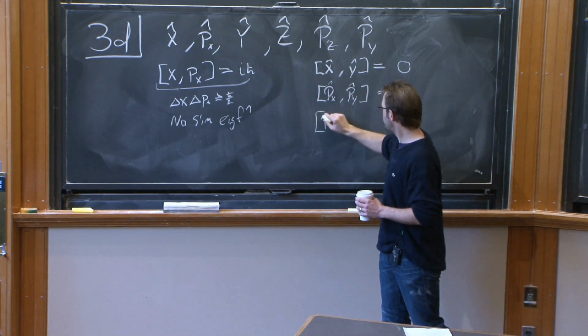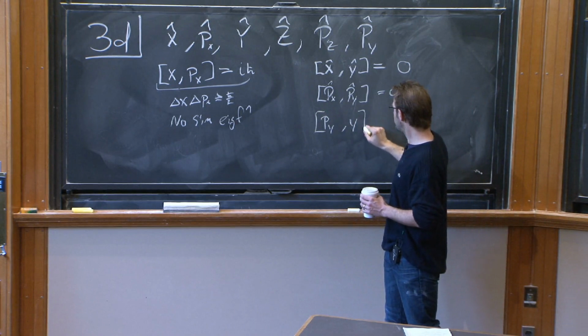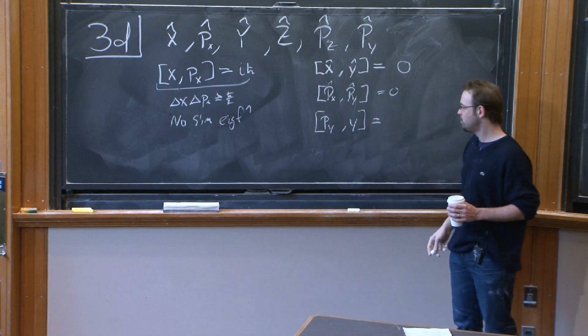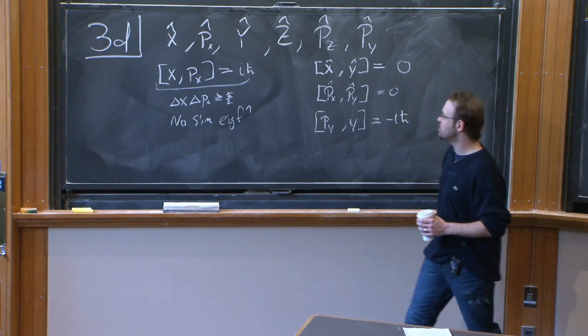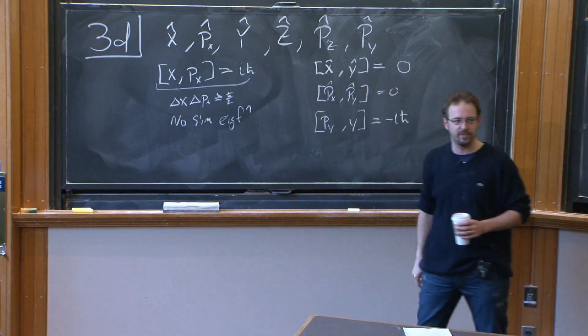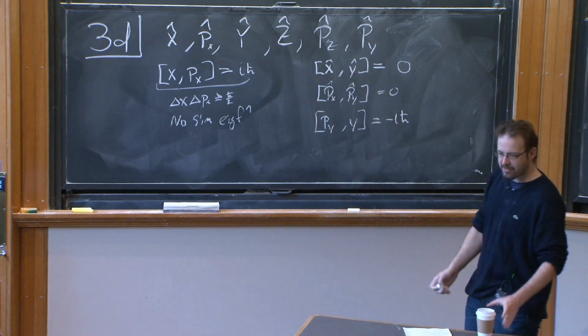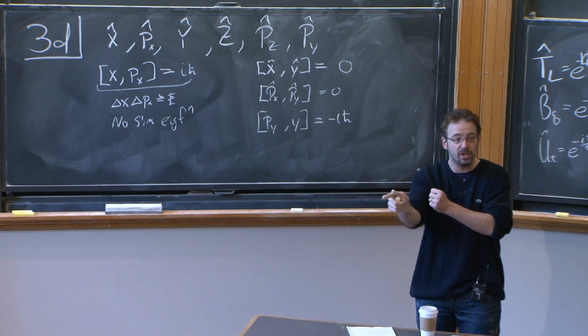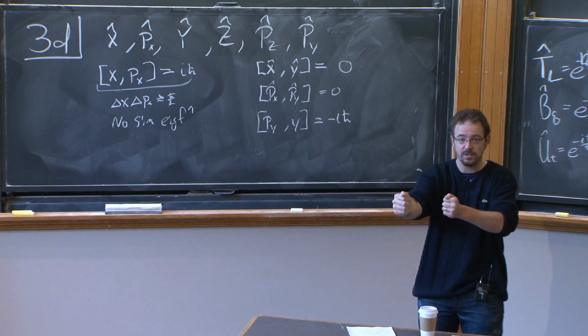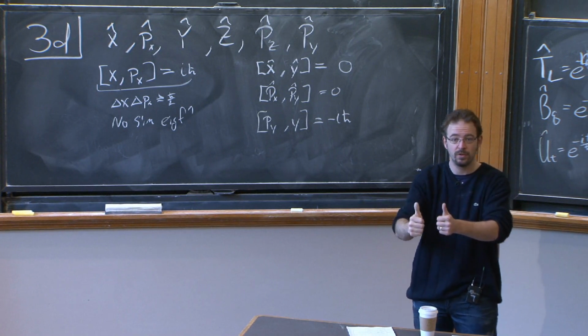However, py and y should be equal to minus i h bar. Good, exactly. So the commutators work out exactly as you'd naively expect. Every position and its momentum commute canonically to i h bar. Every pair of coordinates commute to 0. Every pair of momenta commute to 0. Cool?